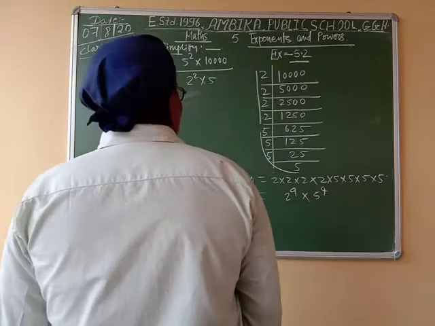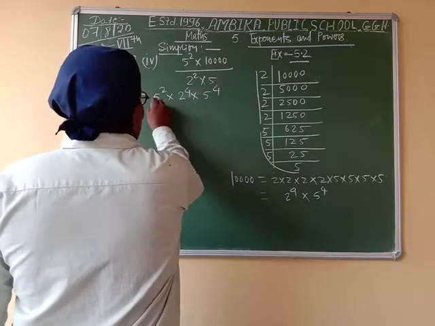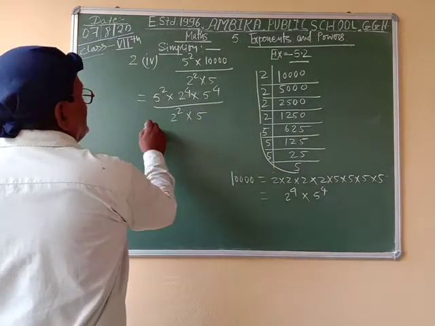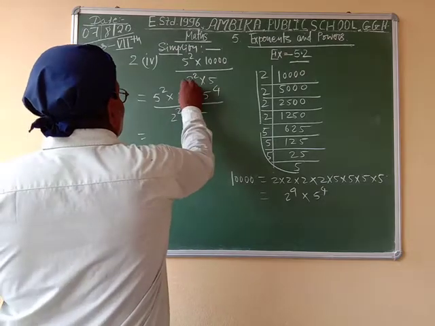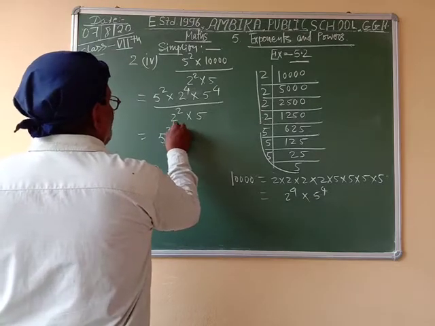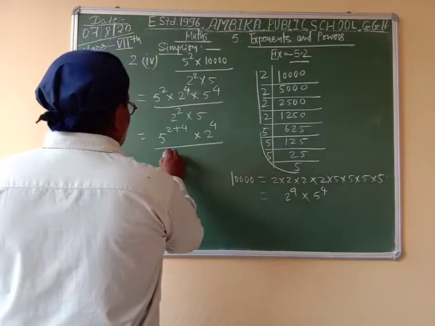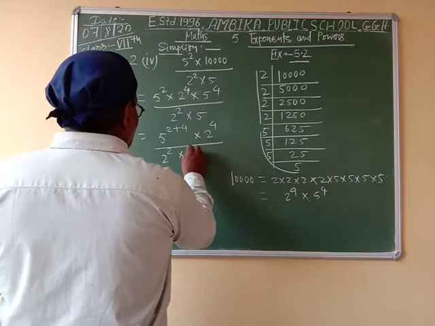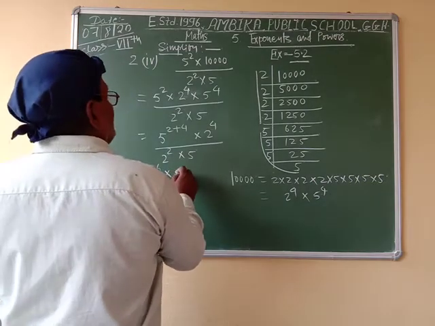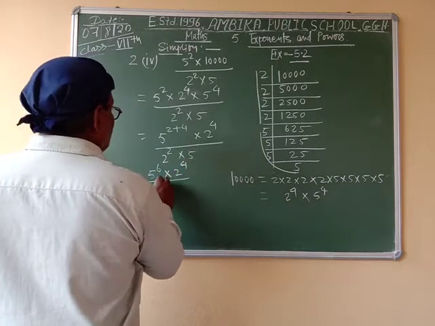So in place of 10,000 we can write 2 to the power 4 into 5 to the power 4, divided by 2 square into 5, is equal to 5 to the power 2 plus 4 into 2 to the power 4 by 2 to the power 2 into 5, is equal to 5 to the power 6 into 2 to the power 4 by 2 to the power 2 into 5.